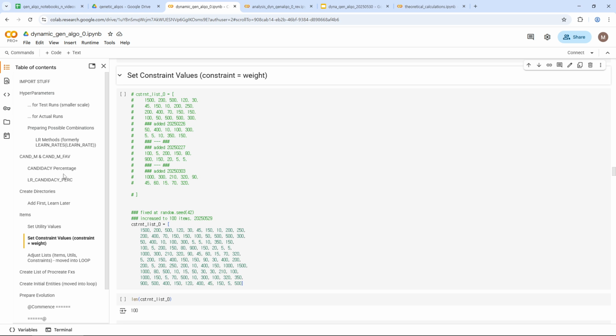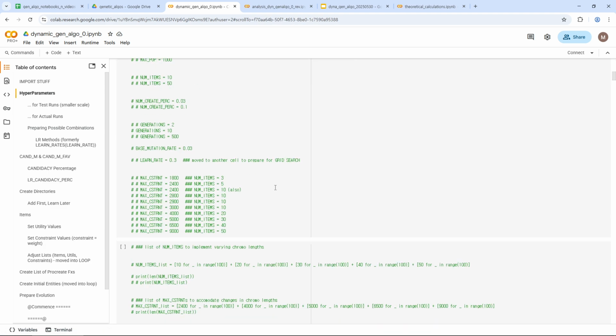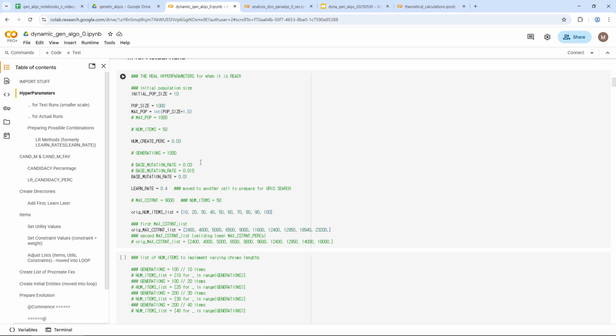So in this case, I lowered the base mutation rate to 0.015, as in 1.5%, and you can see that here. It used to be 0.03, as it shows here. I first lowered it to 0.015.